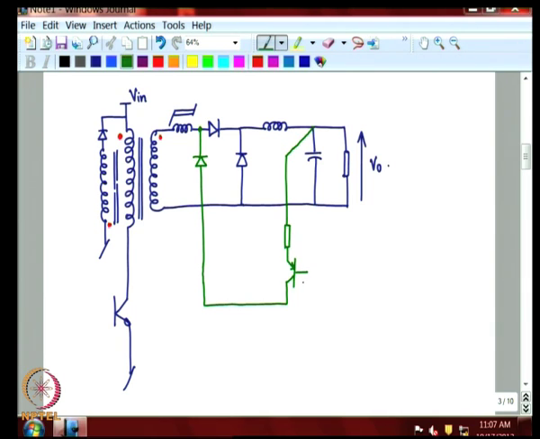So, what happens here is that based on the gate drive here, the transistor starts getting into different operating points along its load line and tries to draw that current and pass that current on to this portion of the circuit.